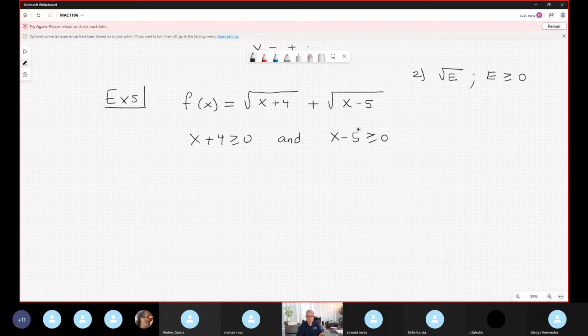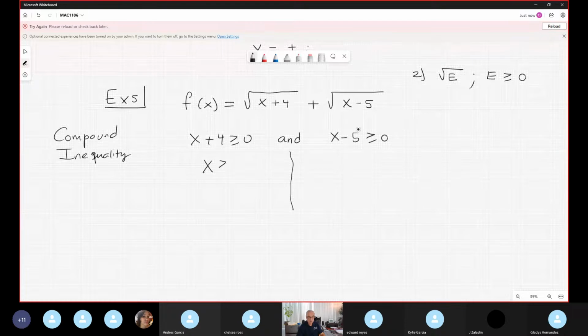And you convert the problem into one compound inequality. Okay, no problem. This is easy. Solve both separately: x greater than or equal to minus 4, done, and x greater than or equal to 5.